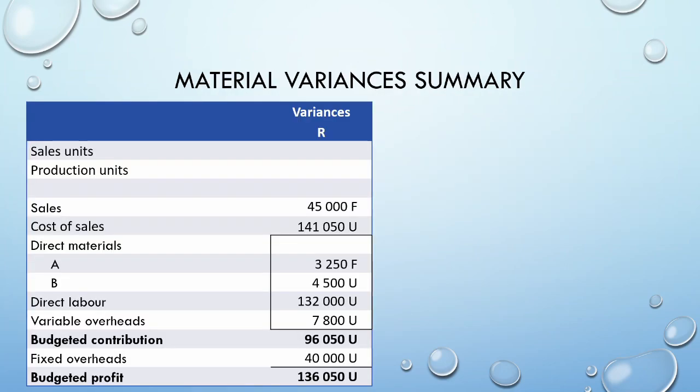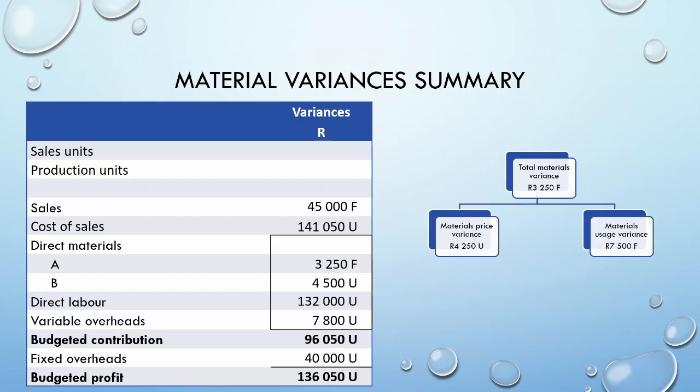Now let us wrap up this video with a summary of our material variances. Remember, in our second video in the series, we calculated our overall variances. Based on this, we know that our total material A variance is 3,250 Rand favorable. This is made up of our material price variance of 4,250 Rand unfavorable and our material usage variance of 7,500 Rand favorable.